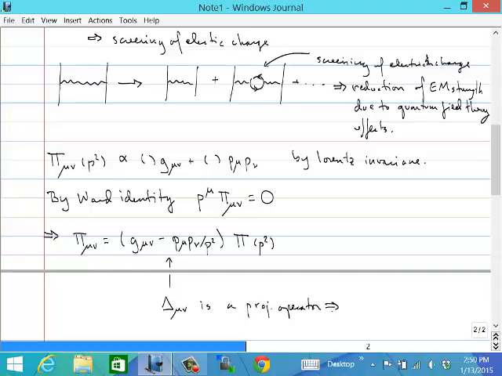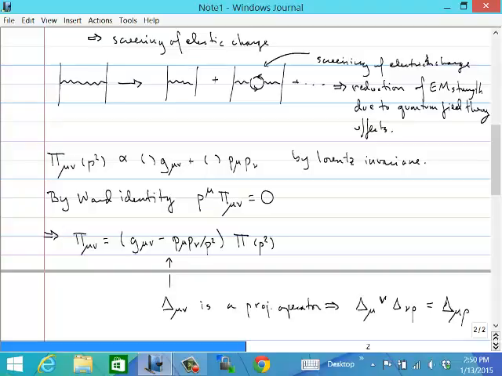So, for example, that means that if you take delta squared, so delta mu nu, delta nu rho, you'll just get a delta back, so delta mu rho. So that's the basic property of a projection operator, that it squares to itself.